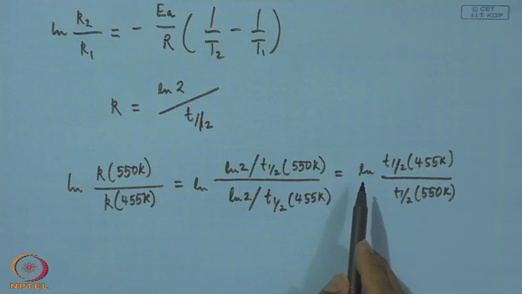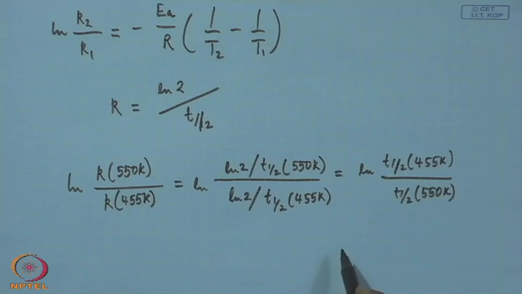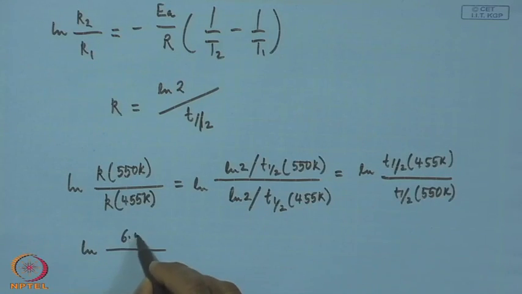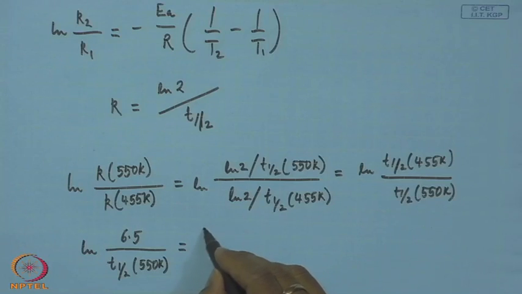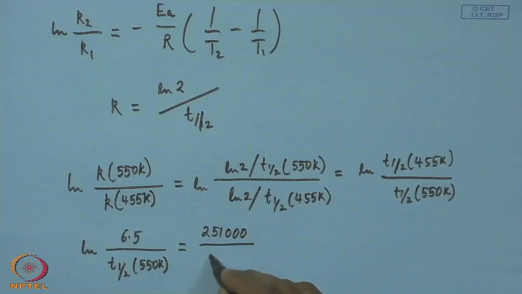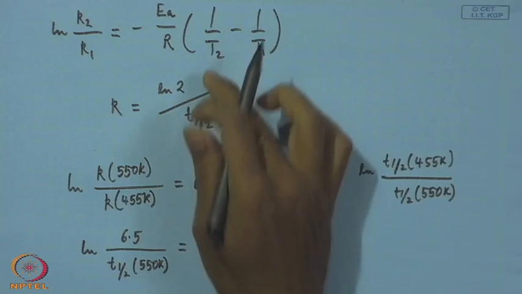Now these two are identical, and the activation energy is also known. So, we can write ln of 6.5, in milliseconds, divided by T half at 550 Kelvin is equal to 251,000, since it is kilojoule, divided by 8.3145 into T2.